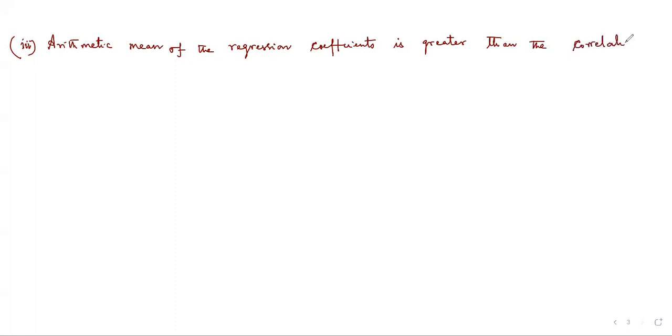It is saying that the arithmetic mean of the regression coefficients is greater than the correlation coefficient R, provided R is positive.